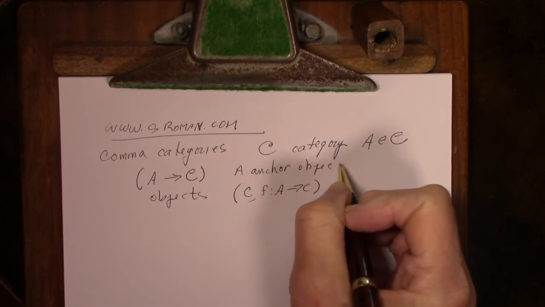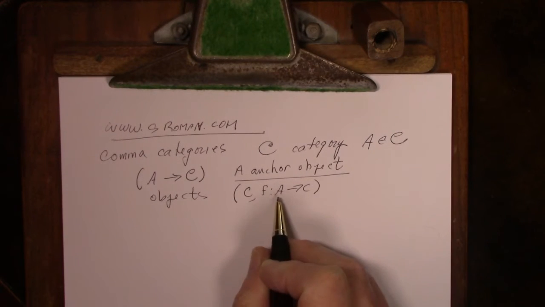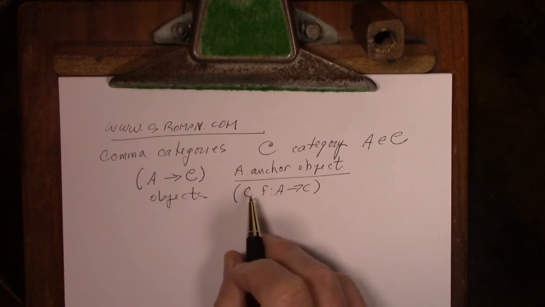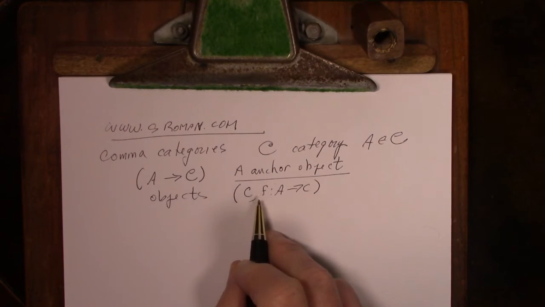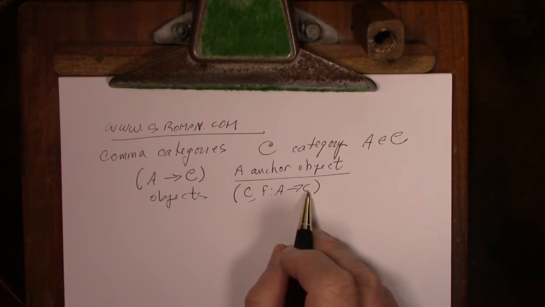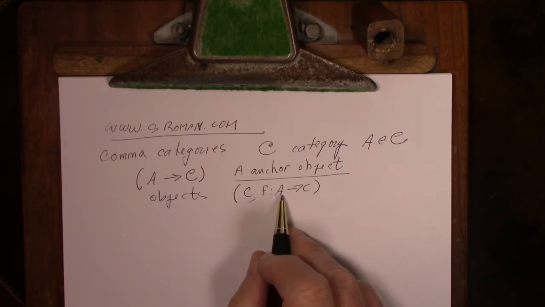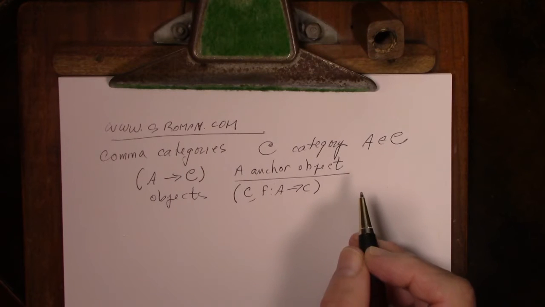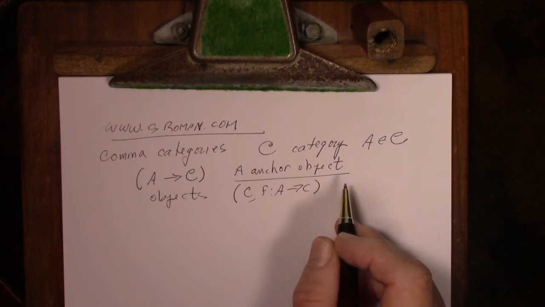I think I did. If I didn't, I am now, just to have a term, because the anchor object doesn't change. The objects of this comma category are found by changing the codomain of the morphisms, but they're all arrows leaving the anchor object A. So I use the term anchor object, although that's not standard terminology.